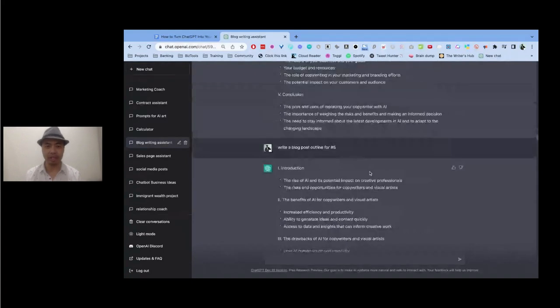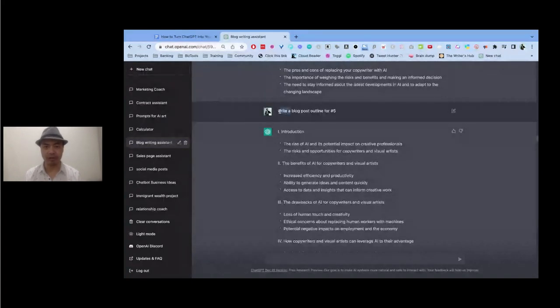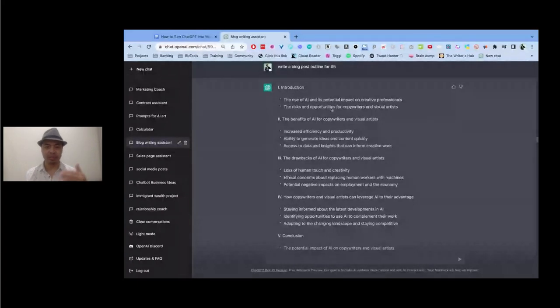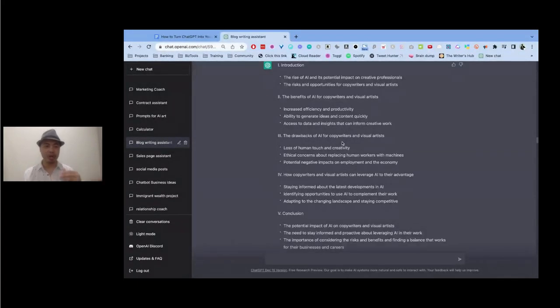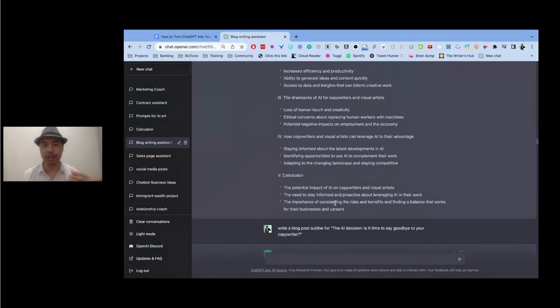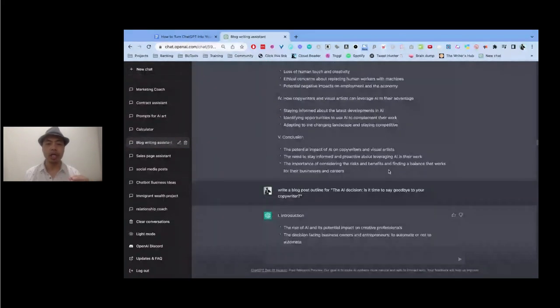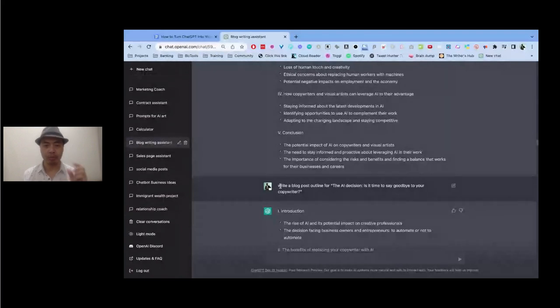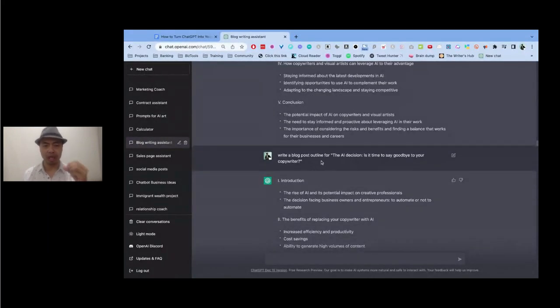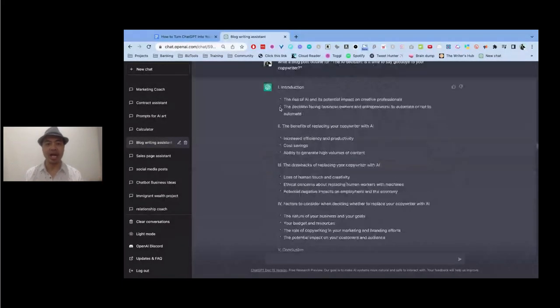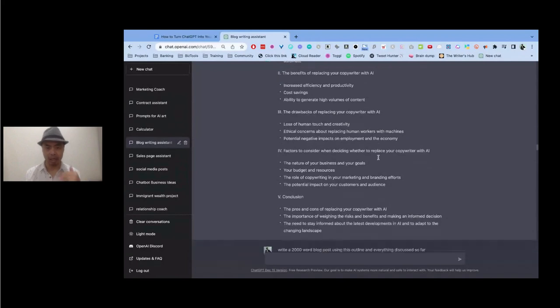So then I asked it to write an outline for number 5, and it had an attempt, but as I was reading through the bullet points, I noticed a couple of things in there that weren't really what I was looking for. So I then rewrote the prompt as write a blog post outline for, and I actually copy and pasted the title that I wanted to use for the article, and that gave me a better outline.